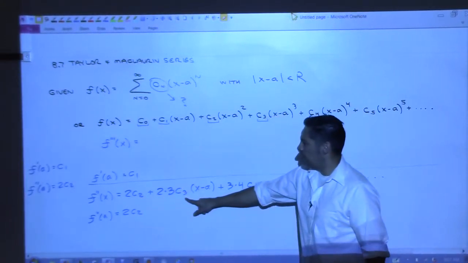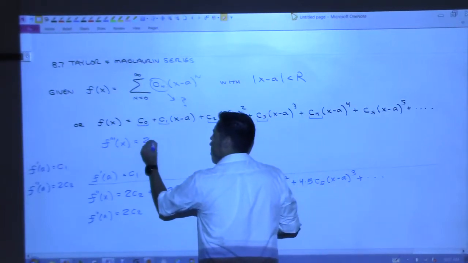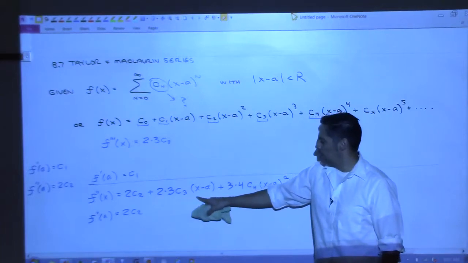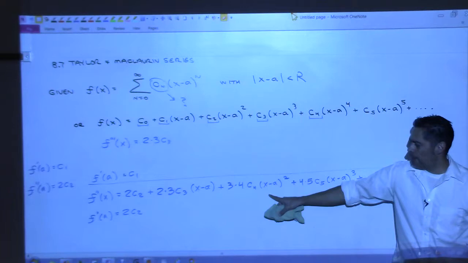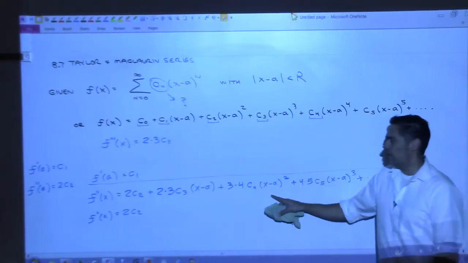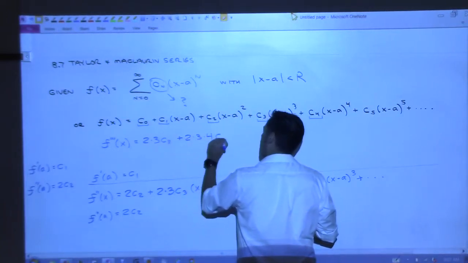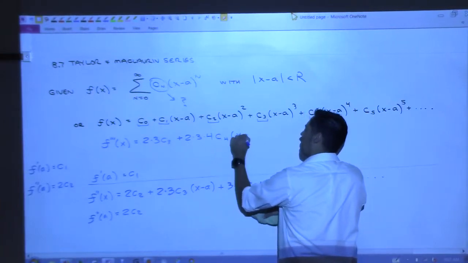Okay, derivative of this? 6. I'm going to write it as 2 times 3 c sub 3. Right, that's that. What's derivative of this one? This is a critical one right here. 2 times 3 times 4, right? 2 times 3 times 4, c sub 4, X minus a.